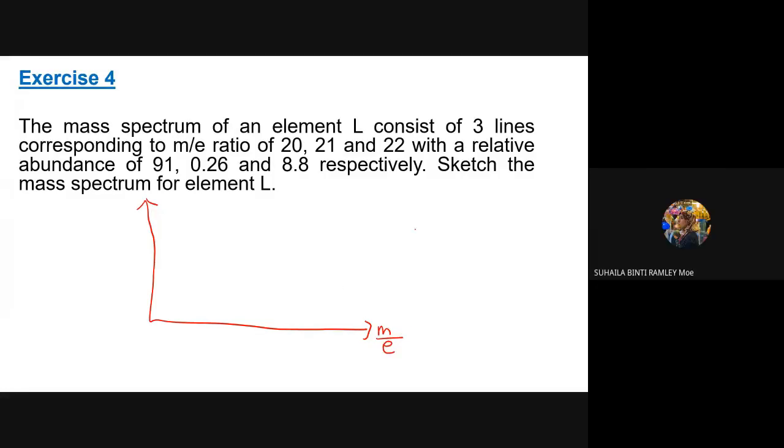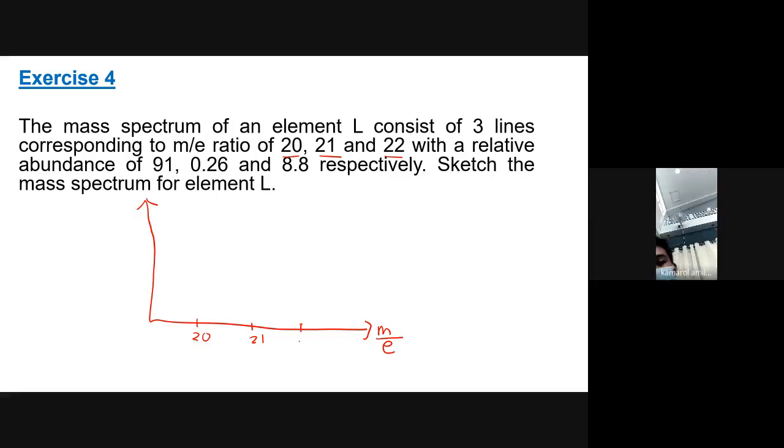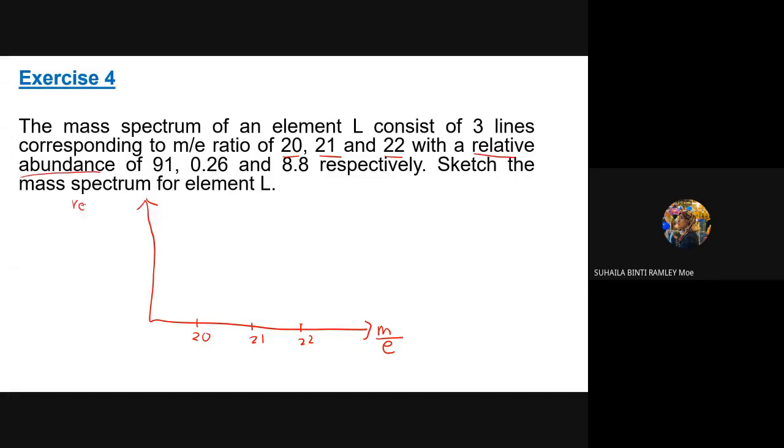So, how many isotope kita ada sini? 3. Yeah, 20, 21, 22. 3. So here is relative abundance.